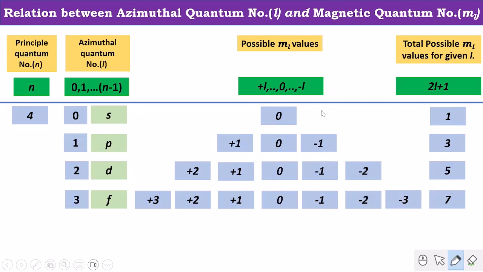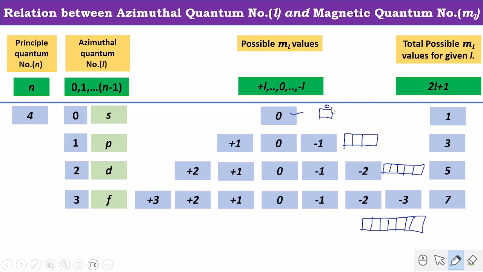Many times our teacher teaches us that S orbital can be written like this, P orbital can be written like this, D orbital like this and F orbital like this. So these values can be written at the top of these orbitals. So in this case only one value 0 is possible.